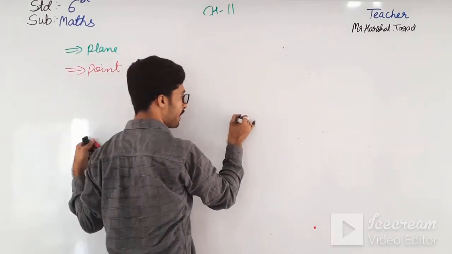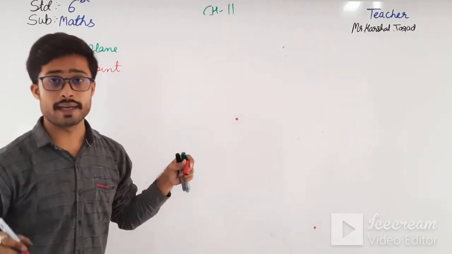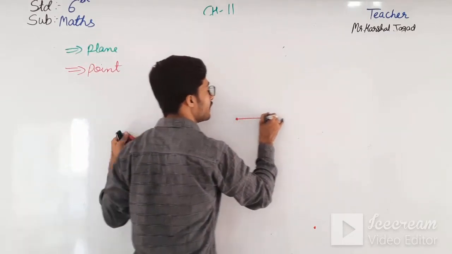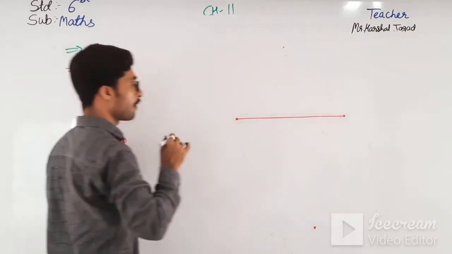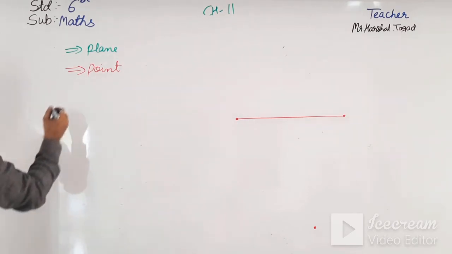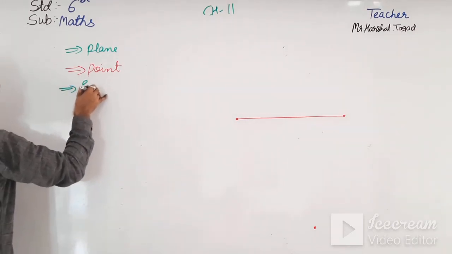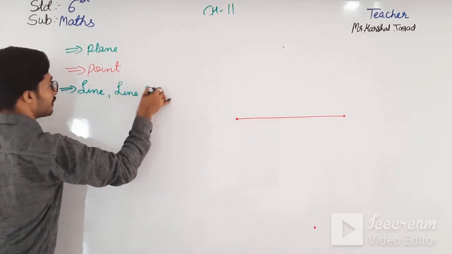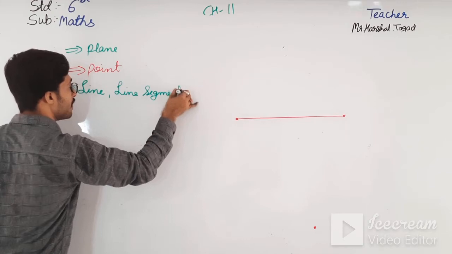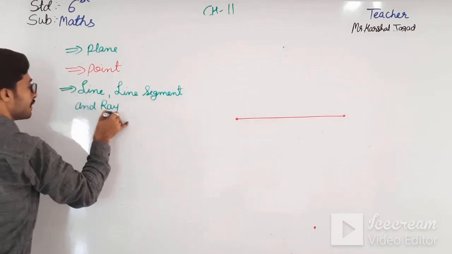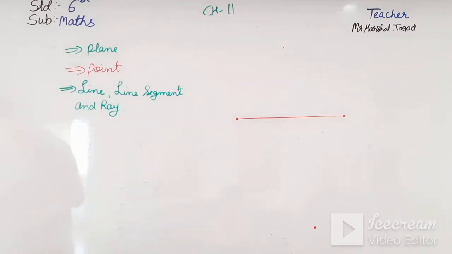If I make a point over here, from that point I can draw a line segment, ray. So this is a line which I have drawn on the plane. So the other topics are line segment and ray.